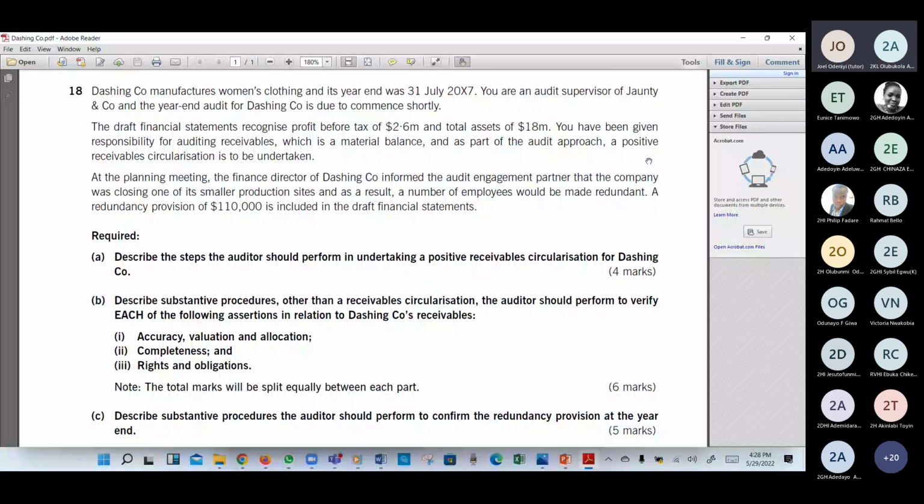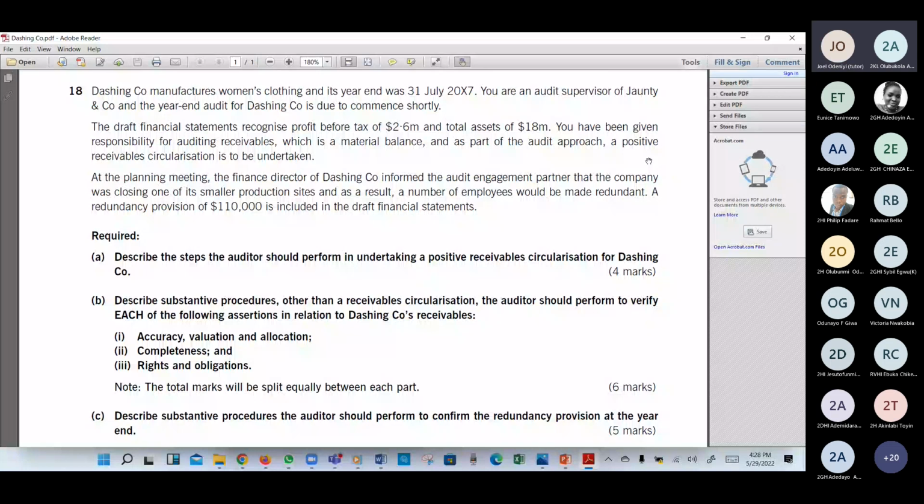And also, a letter will be prepared, a circularization letter. One key thing you must know is that the circularization letter must always be on the client's letterhead, and it must be signed by a senior official of the client. It can be signed by the financial controller, the finance manager, or the CFO.